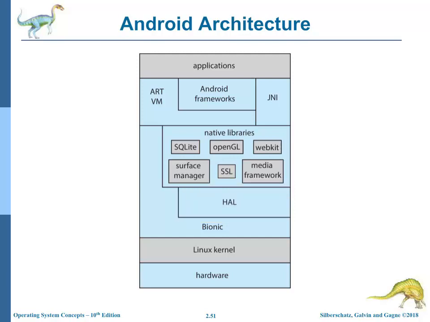Linux uses the glibc library. Google instead developed the Bionic standard C library for Android. Not only does Bionic have a smaller memory footprint than glibc, but it also has been designed for the slower CPUs that characterize mobile devices.